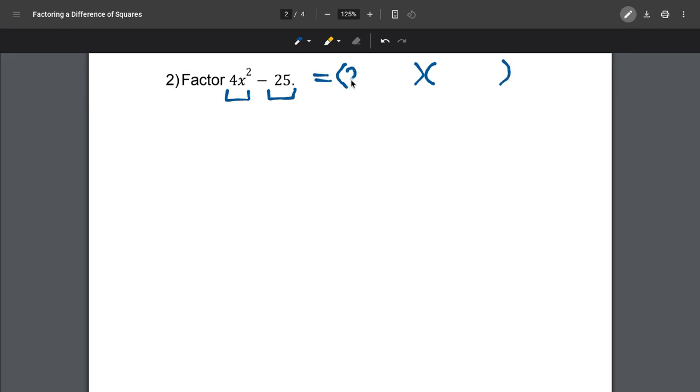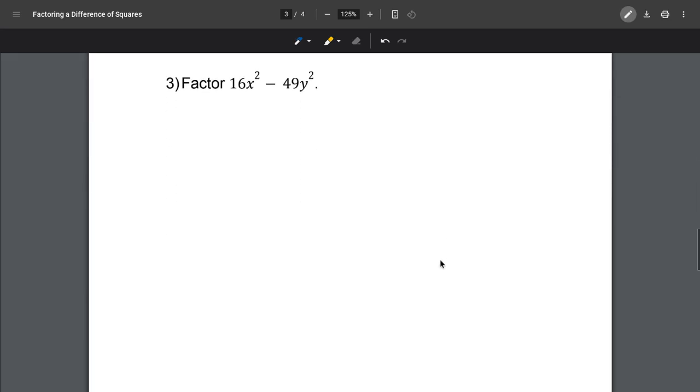So we're going to have a 2x here and a 2x here, and then plus 5 here, because the square root of 25 is 5, so plus 5 here, and then minus 5 here. Okay, and so that's our second one. All right, let's try another one.